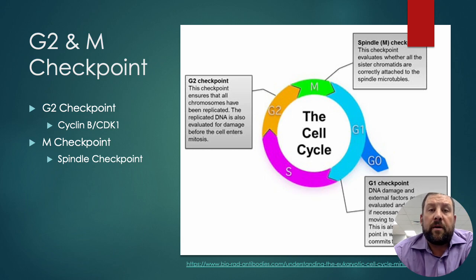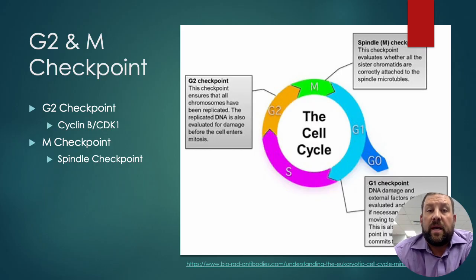A major player in driving the cell past this checkpoint is the complex of cyclin B bound to CDK1. CDK1 is a kinase that, when paired with cyclin B, forms what's called the maturation promoting factor, or MPF. This complex acts like the ignition switch for mitosis.